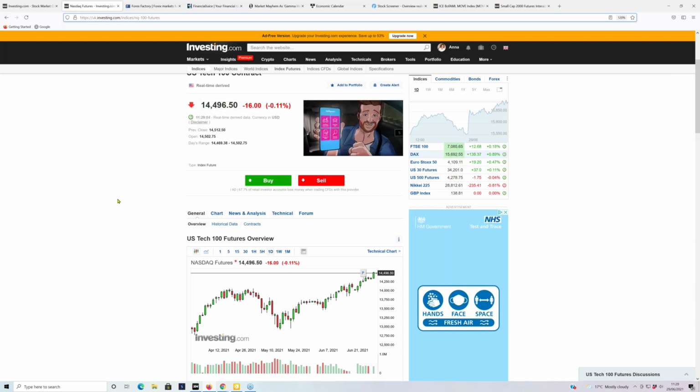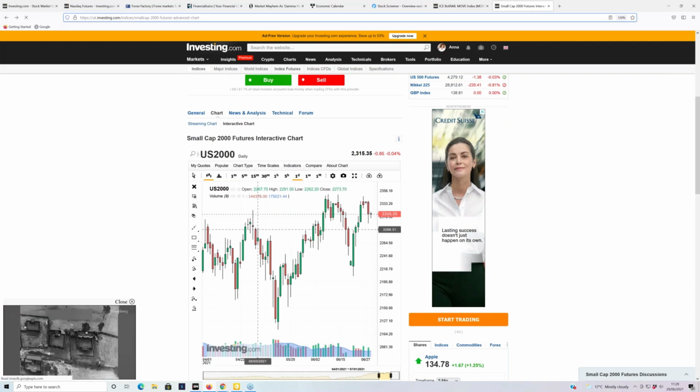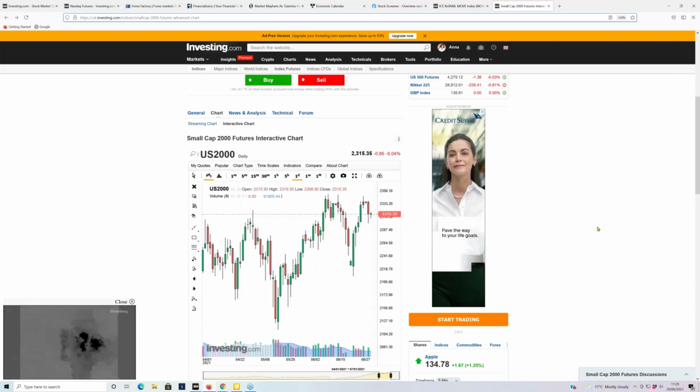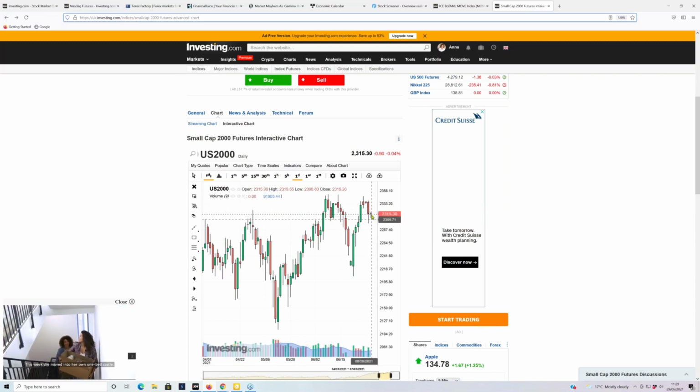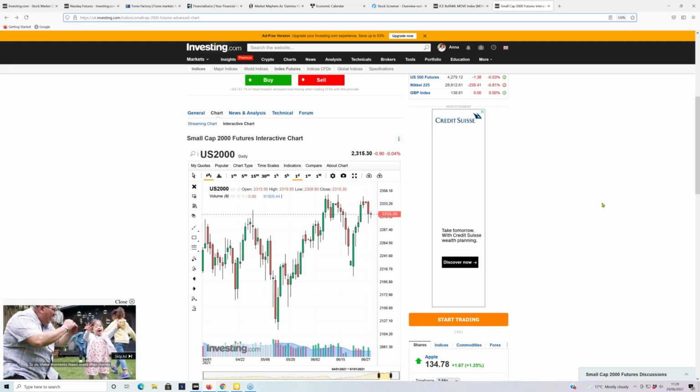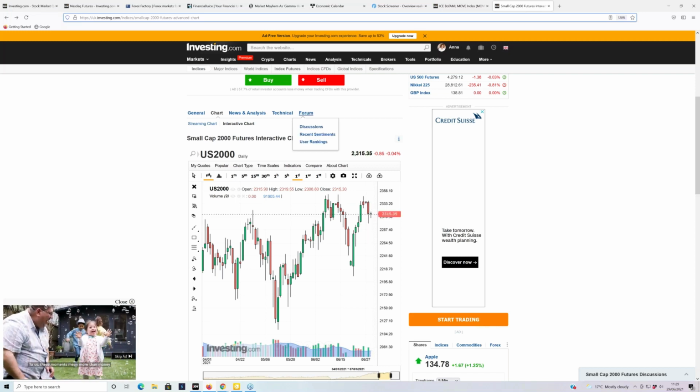They think, okay, this is what it is at the moment, but is there anything in the data that tells us that maybe things are going to get better? And the last index we look at is the US 2000, which is the small caps, and even that, late yesterday, there was a lot of buying coming in. It's a bit not doing anything at the moment. We're just looking at it for sentiment.